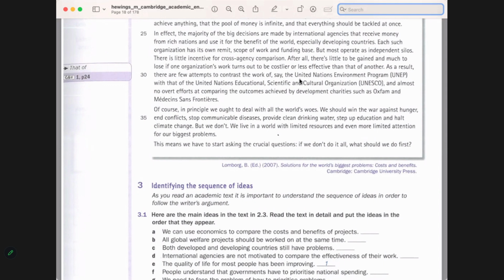We compare projects of different organizations, yeah?